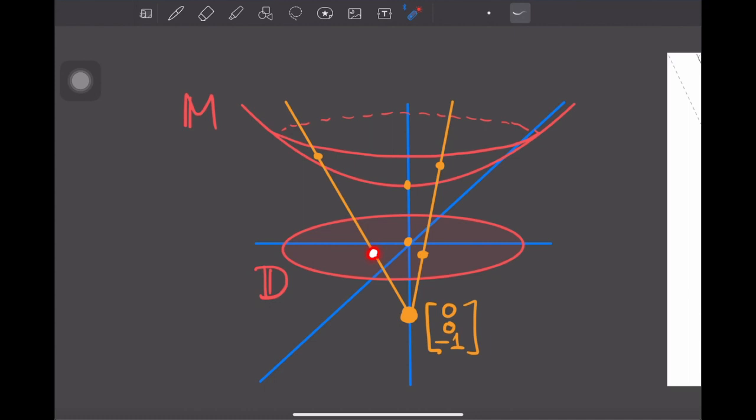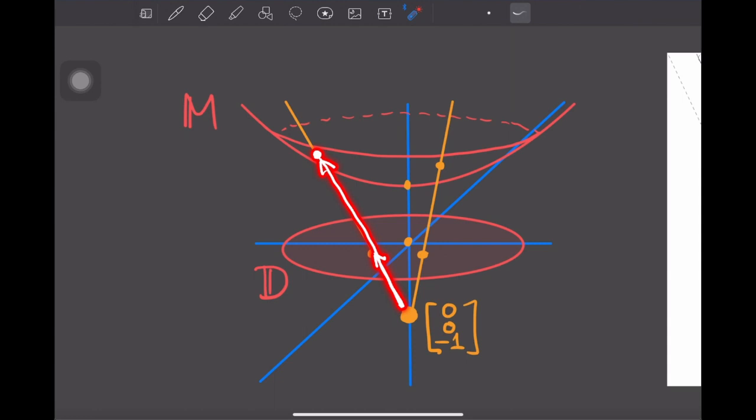I'm looking for a real multiple of it that satisfies the equation something squared plus something squared minus something squared equals minus 1, and then you start solving.